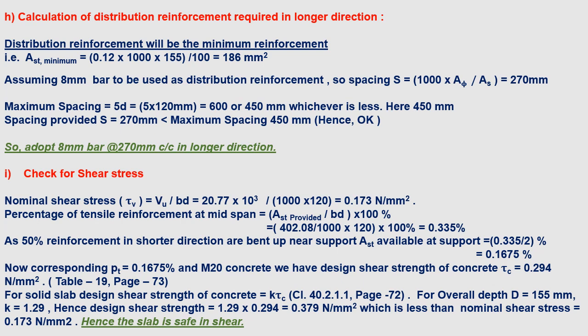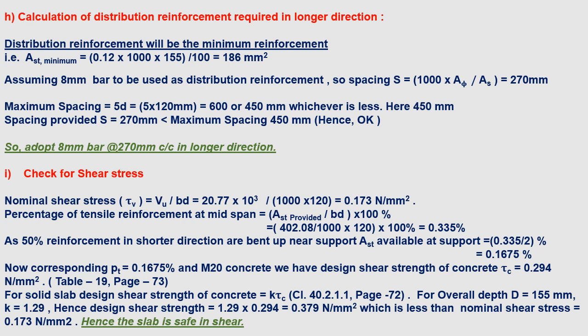Now percentage of tensile reinforcement at the midspan that is provided equal to Ast provided, that divided by bd into 100%, which is equal to 0.335%. Now as 50% reinforcement in shorter direction are bent up near the support, so Ast available at support will be equal to 0.335, that divided by 2, equal to 0.1675%.